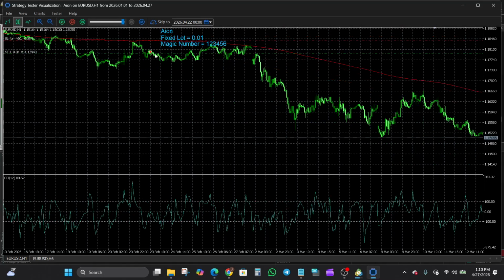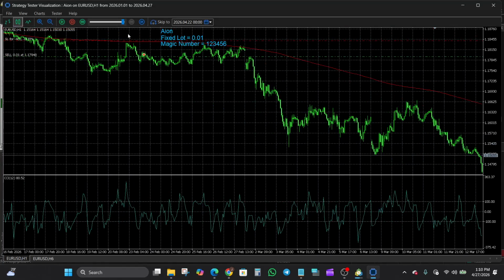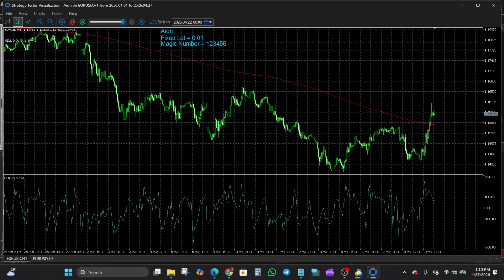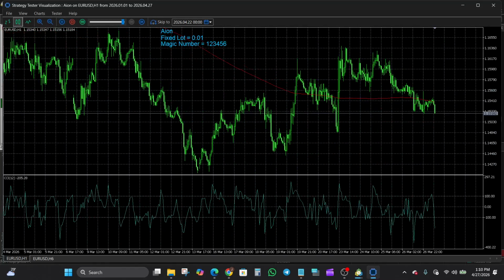We can see the sell trade executed here. We can see price was trading below the moving average, and we can see the defined stop loss. You can also see the fixed lot that is being used, 0.01. So far so good. We are having a great risk to reward ratio. So let's just continue the test.